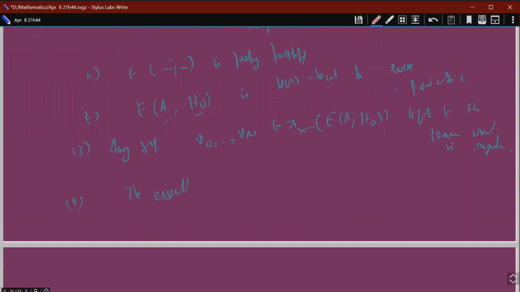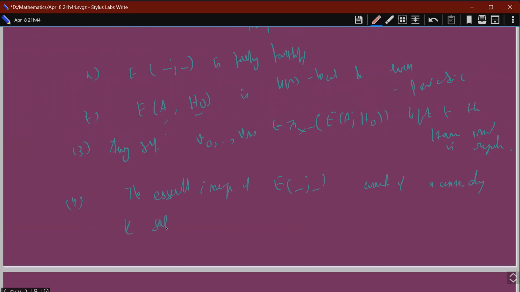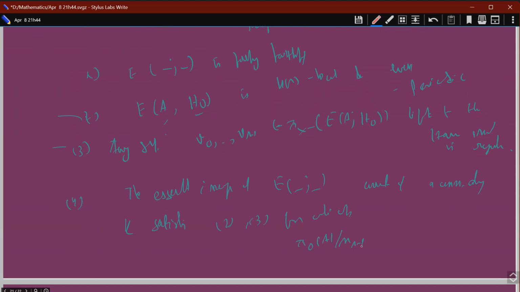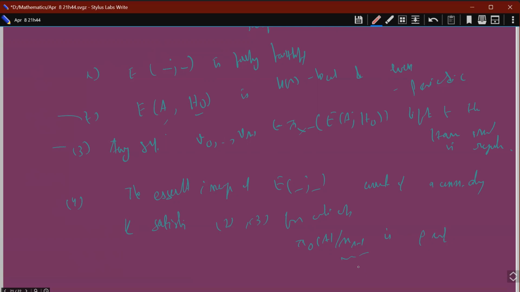The essential image of this functor consists of commutative algebras satisfying these two and three, for which, remember, this is the Lubin-Tate ring, which spreads out over the locus of height n when it's perfect.